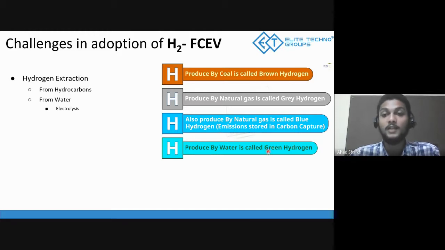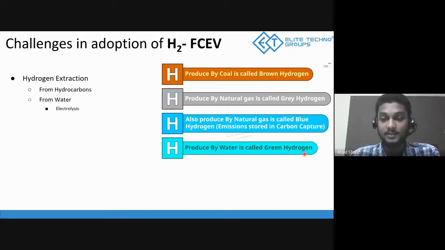But when the hydrogen is produced by the electrolysis process, and that electricity is generated from renewable sources of energy, it is called green hydrogen, because there is no harmful emission involved while producing it.